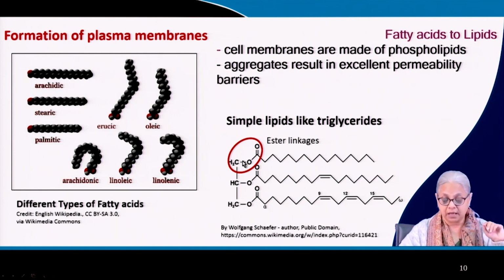Amphipathic means one side, which has oxygen, is hydrophilic, and the other side, which has the fatty chains, has no oxygen, only carbon and hydrogen, and is hydrophobic. So we call this the head and these are the tails.